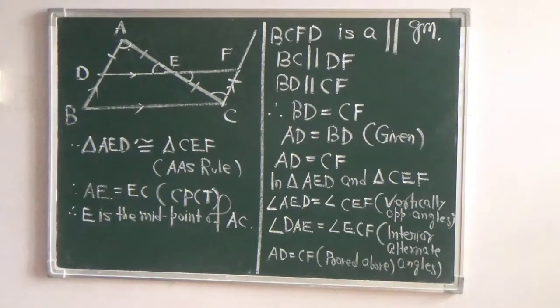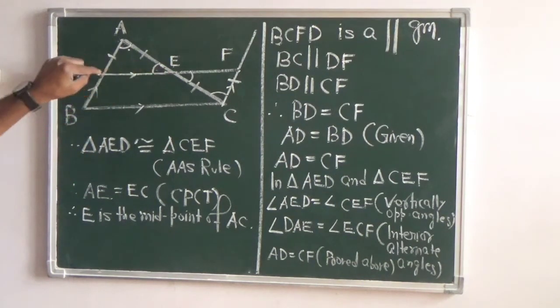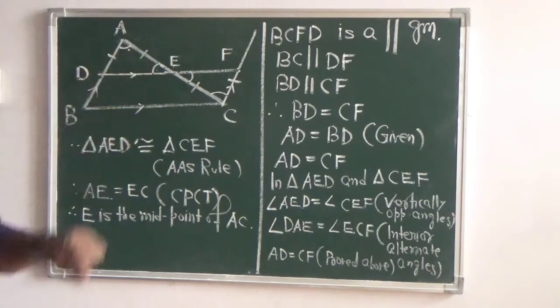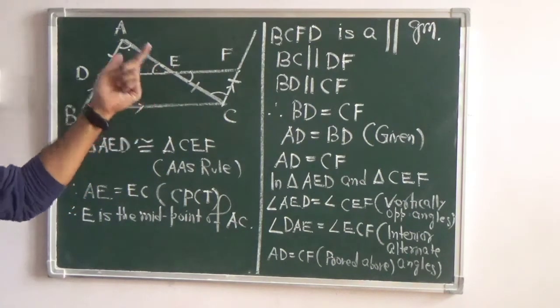Now if we generalize this, see what the midpoint theorem says and what the converse of the midpoint theorem says. The midpoint theorem says the line segment joining the midpoints of any two sides of a triangle is parallel to the third side and half of the third side.